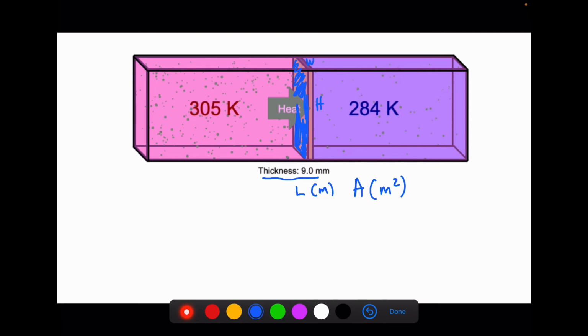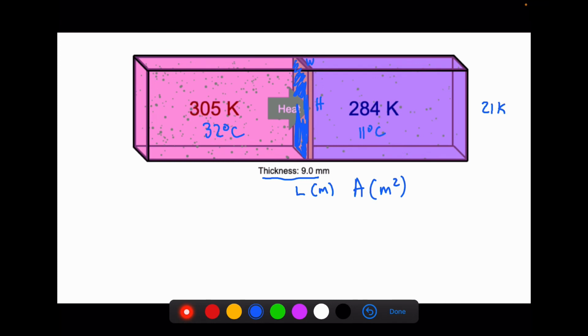You want the difference in temperature. Now watch this. This is something that you should know about. You can work in either Kelvin or Celsius and you'll get the exact same answer. So in Kelvin, if I do 305 minus 284, I'll get 21 Kelvin.